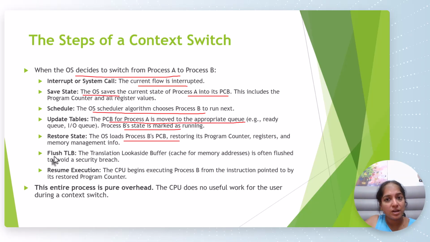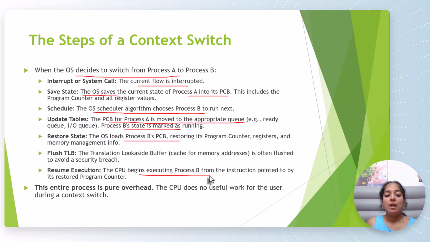To avoid security breaches, we flush it every time, and then the CPU begins executing process B. So in simple steps, whenever we need to perform a context switch, whatever process was executing, we stop it and save its state in the PCB. Then the other process which we want to execute, we load that. We read its PCB, load the process and execute it. And accordingly, we need to change the states of the processes.